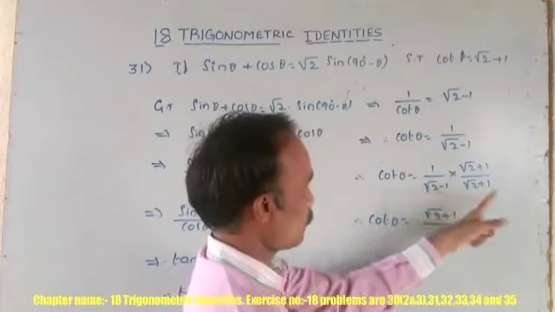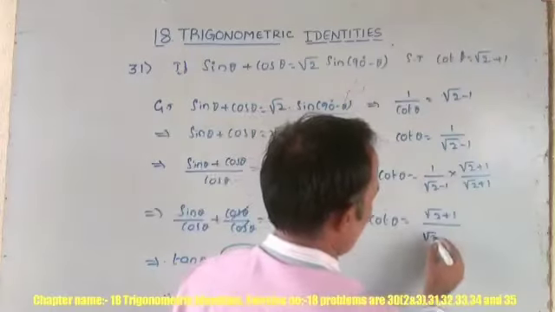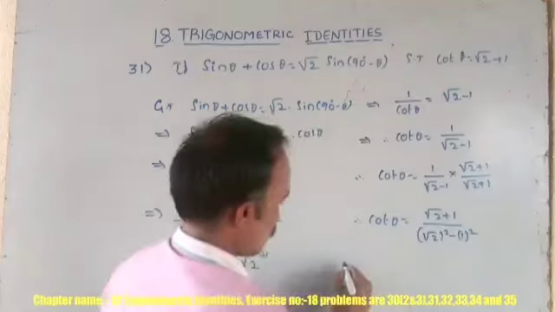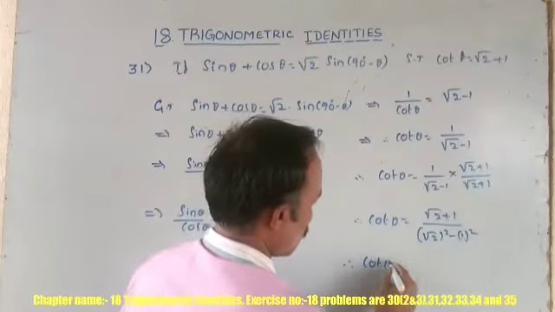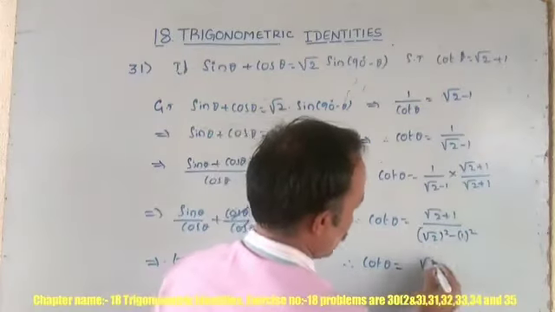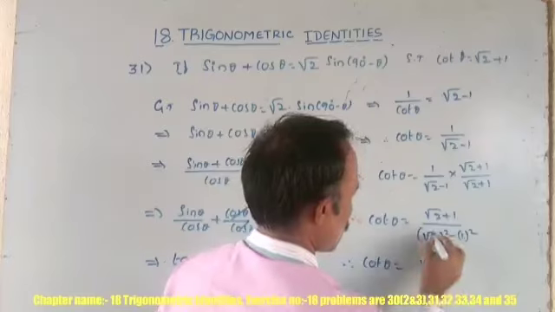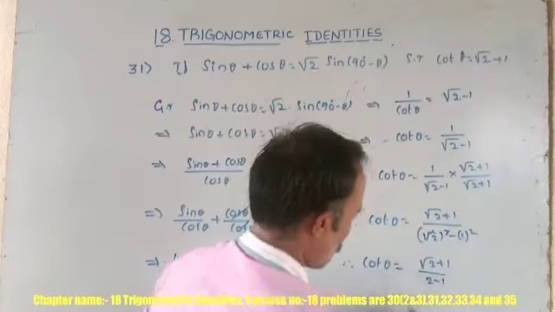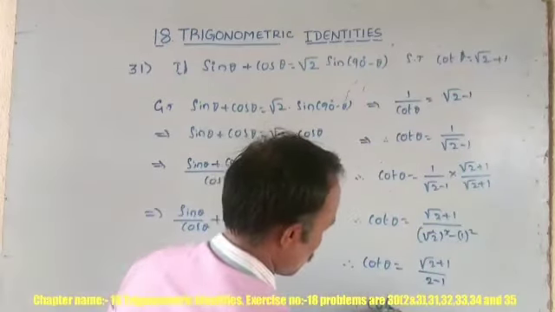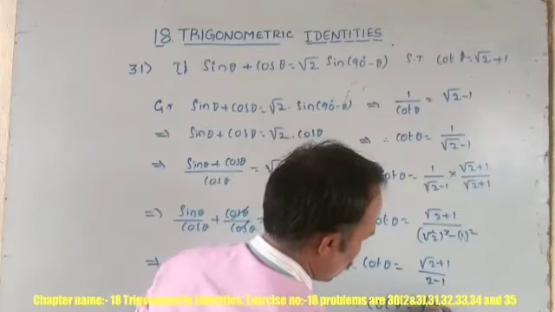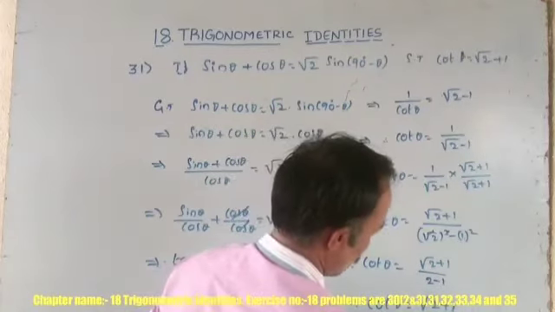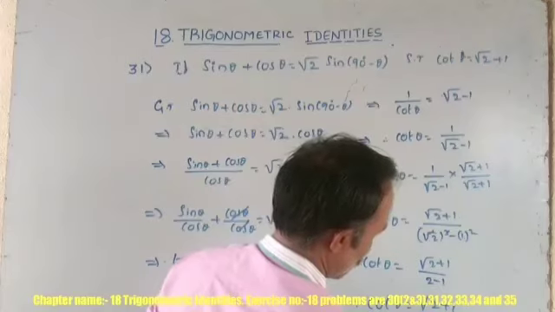This is of the form a minus b, a plus b, so a square minus b square, so root 2 square minus 1 square. Root 2 and the root get cancelled, so 2 minus 1. Therefore, last step, cot theta is equal to root 2 plus 1 divided by 1. So this is equal to RHS.